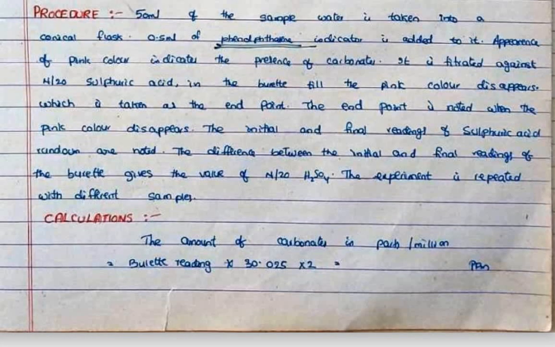Okay, so after that, calculations. The amount of carbonates in the given sample is equal to burette reading into 0.025 into 2.